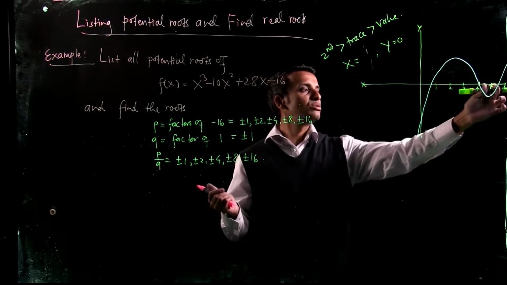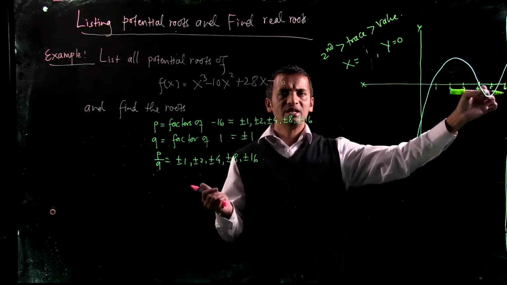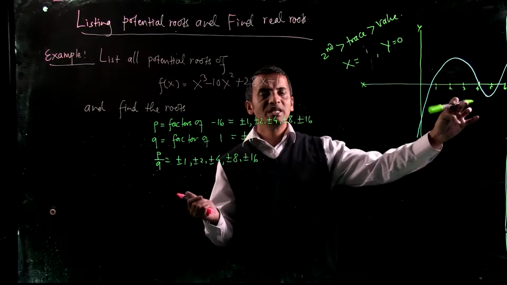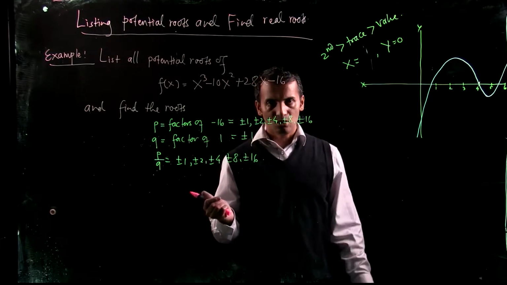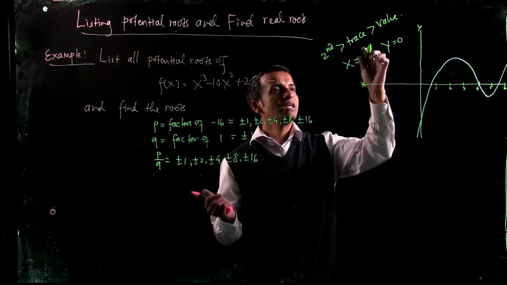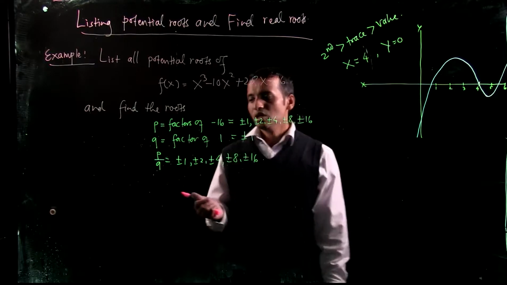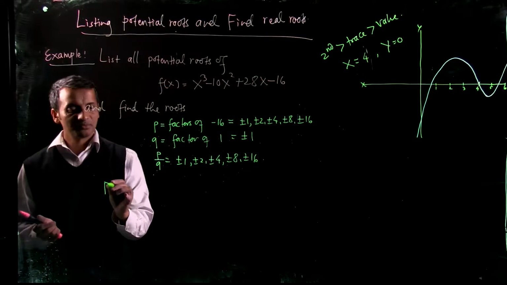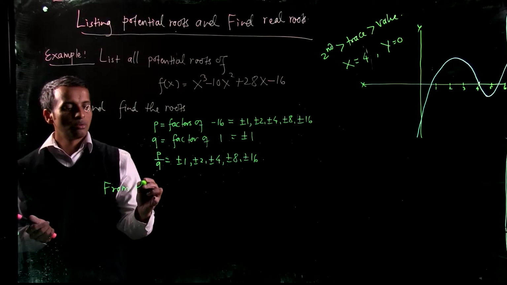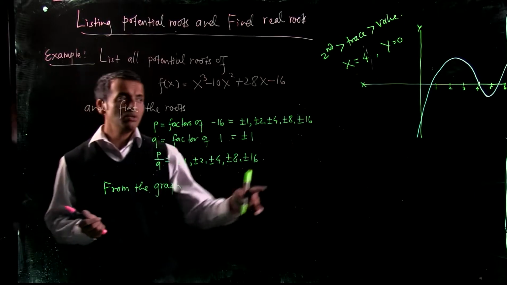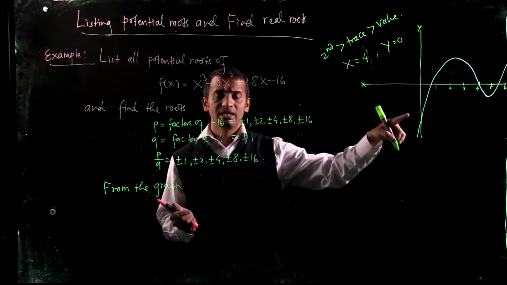Again try x equals, it is between 5 and 6, so 5 is not the root, 6 is not the root. So from the graph you can say that only 4 is the root. When you set x equals 4, you will get y equals 0. In the calculator, you don't have to draw the graph in the test or exam.